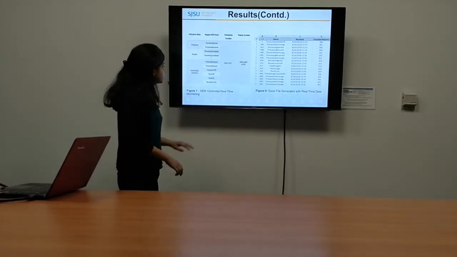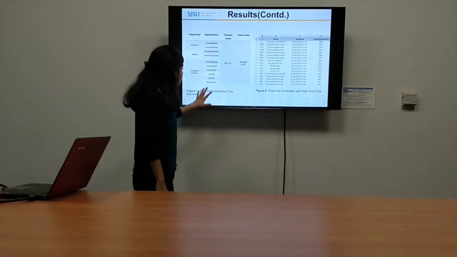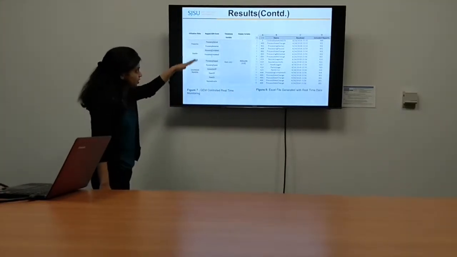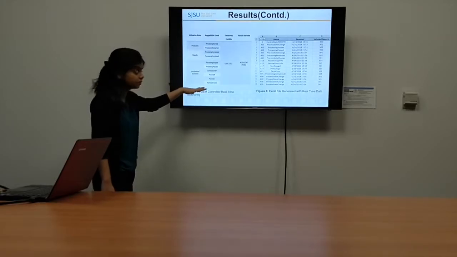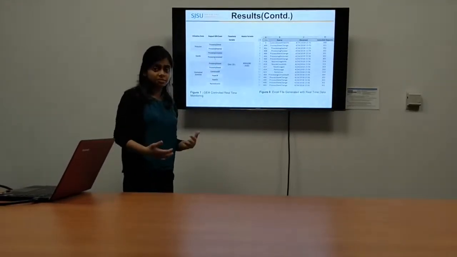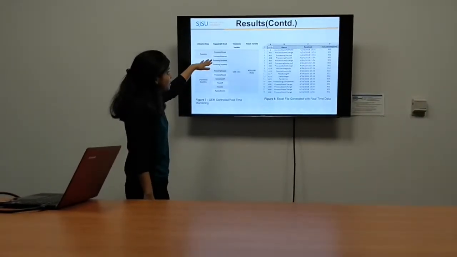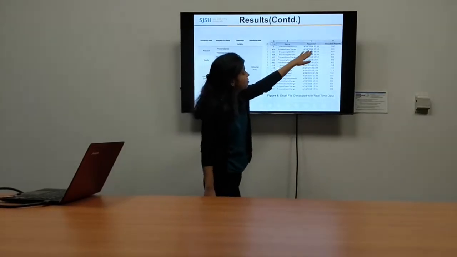And this is again just a snip of the SECS/GEM controlled real-time data that we were receiving. So you can also track down, as I am saying, SECS/GEM data is real-time data. You get data every minute.